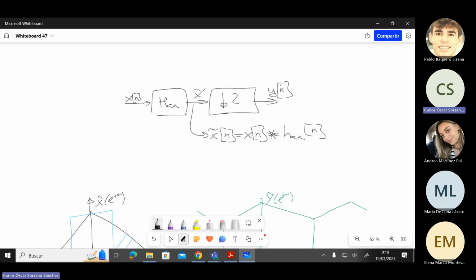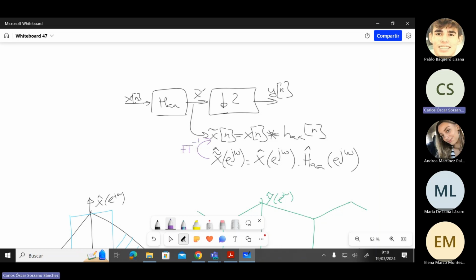You design your kernel and then convolve. Alternatively, take the Fourier transform, multiply the Fourier transform of the input times the Fourier transform of the anti-aliasing filter, and then do the inverse Fourier transform.